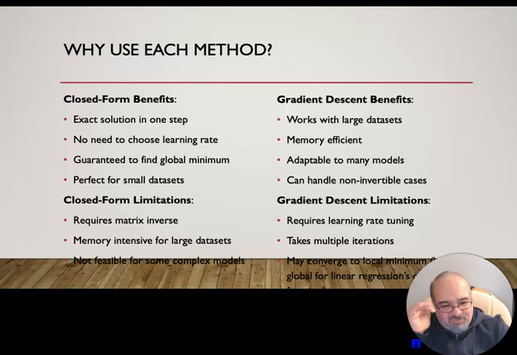If alpha is too large, gradient descent may overshoot the minimum or fail to converge, and if it's too small, convergence may be very slow. Also, the closed form solution can suffer from numerical instability when X transpose X is ill-conditioned, that is, nearly singular. In those cases, regularization techniques, like we'll see with ridge regression, adding a penalty term lambda I, are used to stabilize the solution.